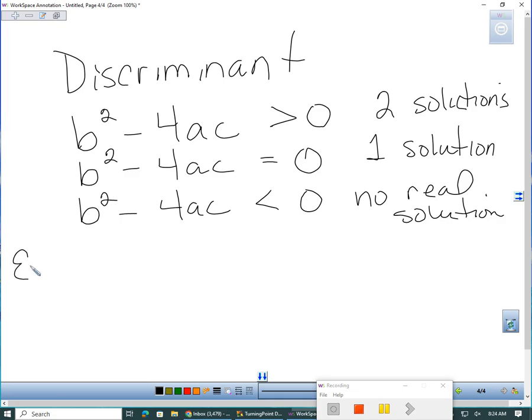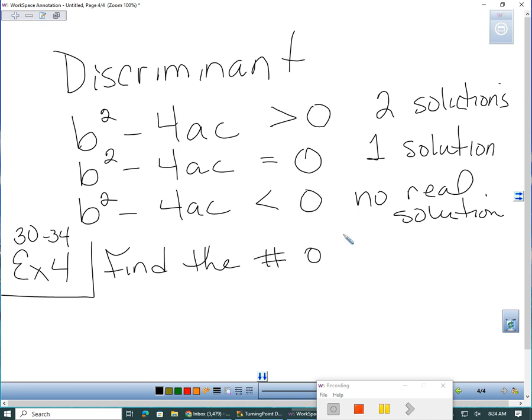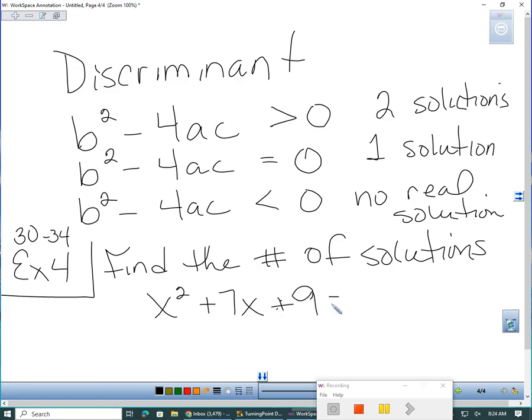So here's example number 4. And this is 30 through 34. Find the number of solutions. If I give you, let's go, x squared plus 7x plus 9 equals 0.